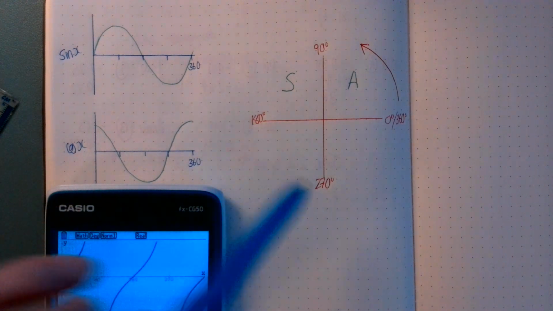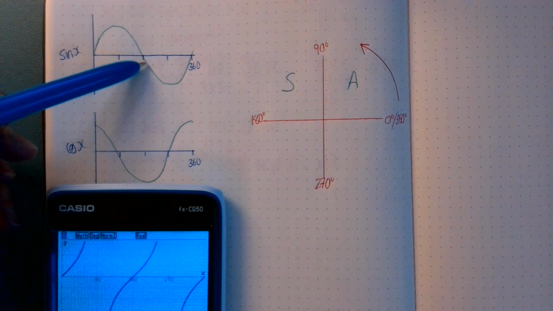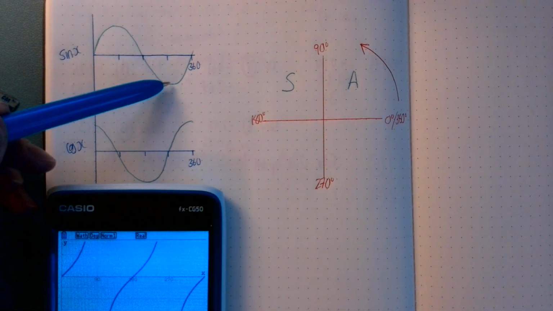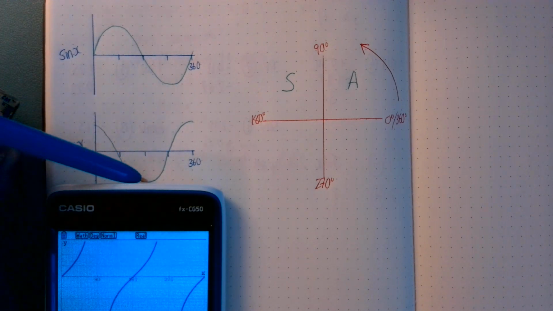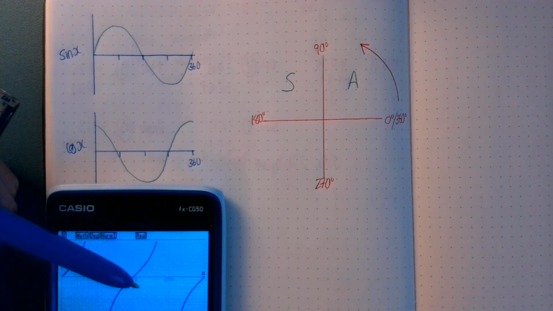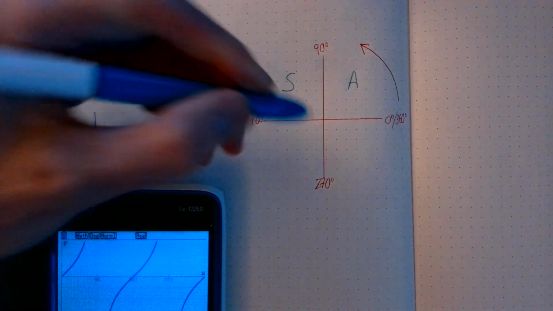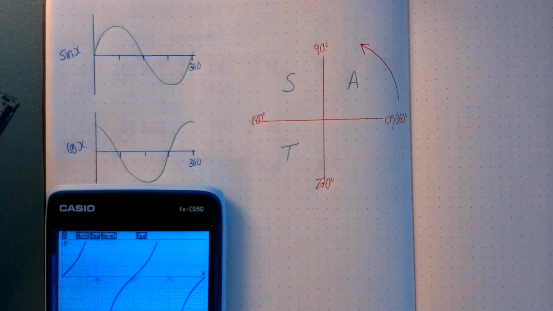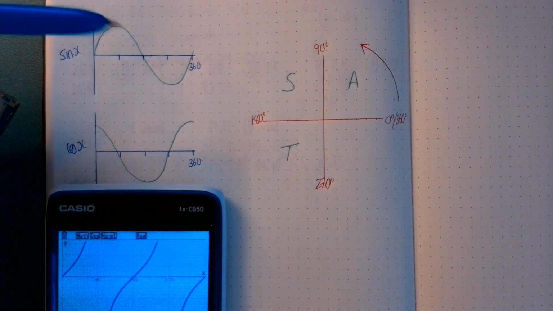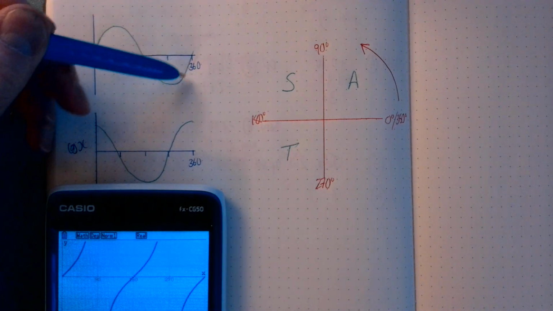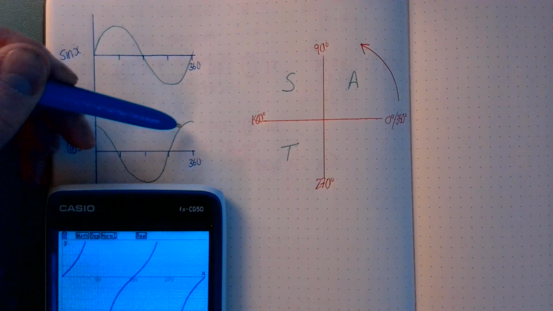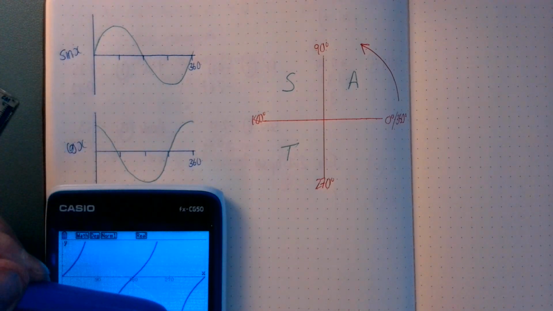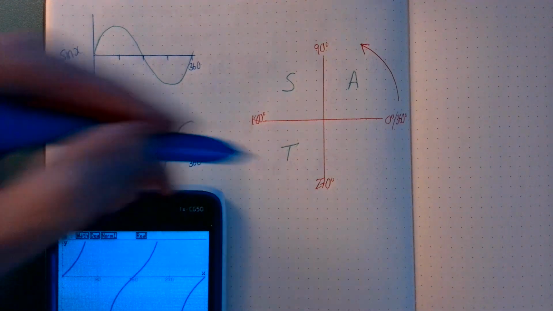Okay, so between 180 and 270, sine is negative, as is cos, but tan is positive, so it's just tan that's positive there. And then between 270 and 360, sine is still negative, cos is positive, tan is negative, so it's just cos.